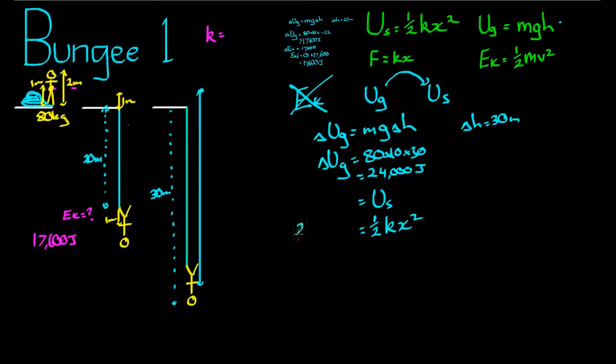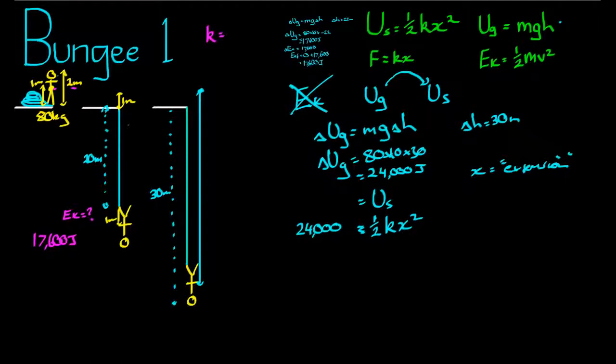So we have a great equation, 24,000 joules is equal to a half kx squared. We want to find k, but since there are two unknowns in this equation, it's not possible right now. What we need to know is how far that cord has stretched. What is x? Since x is equal to the extension.